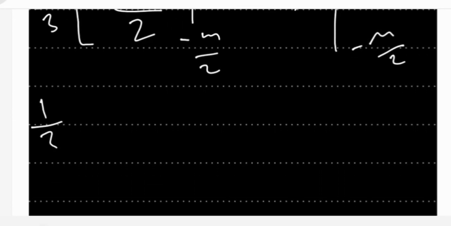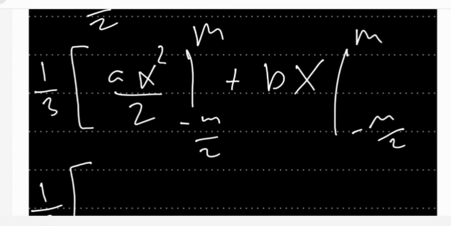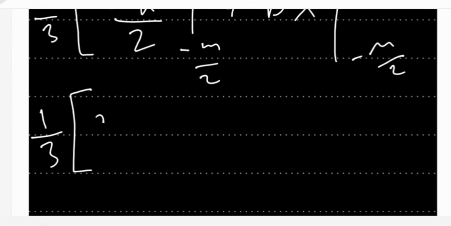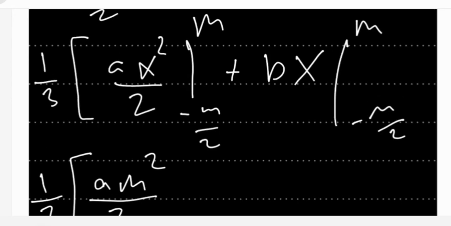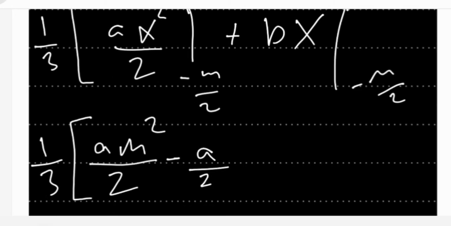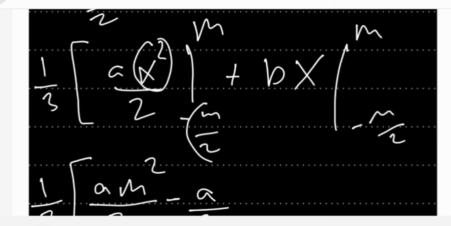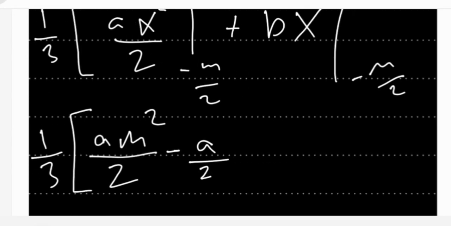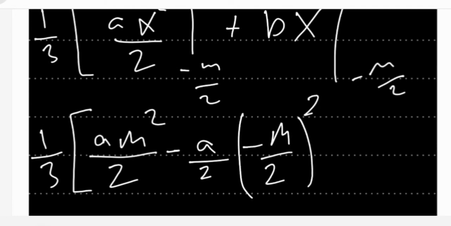Now, a m squared divided by 2, minus a over 2, and in the place of x squared I'm going to put minus m over 2, squared.